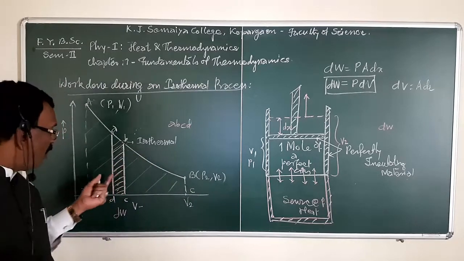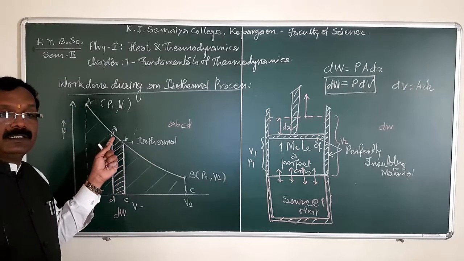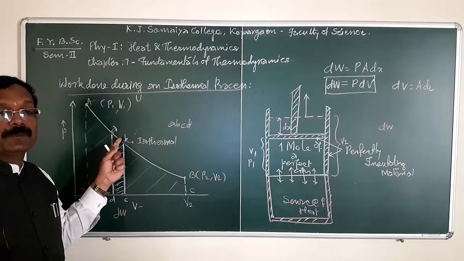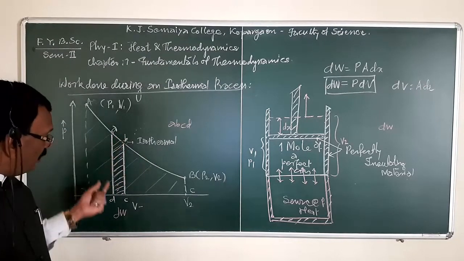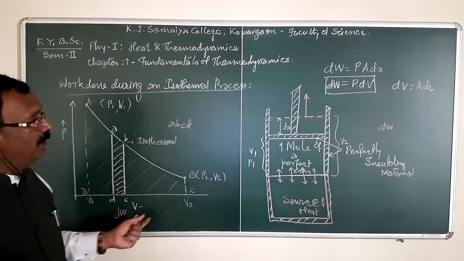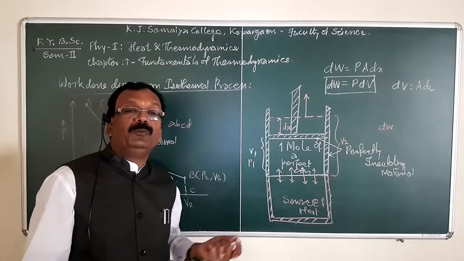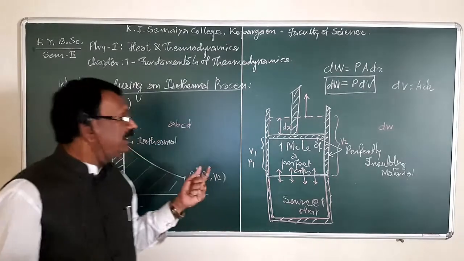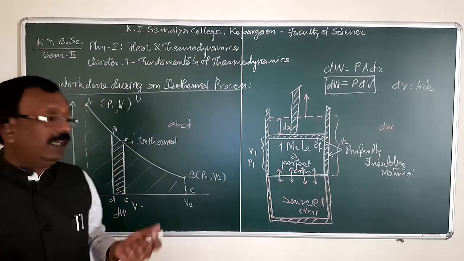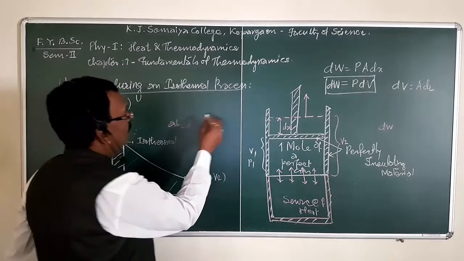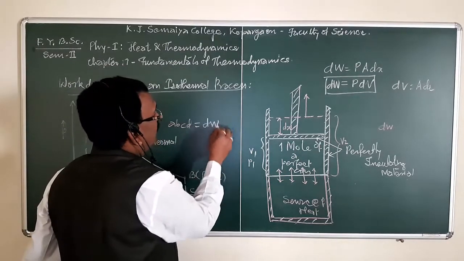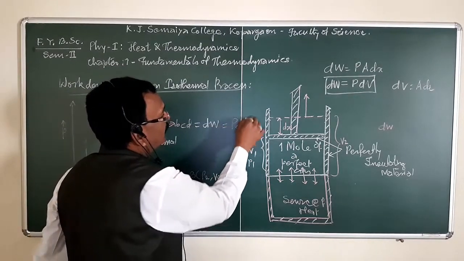The work done for a small change, that is AB, for a small change in volume dV corresponding to pressure P, is given by the area of the strip, and the area of the strip is nothing but work done dW, which is nothing but P dV.